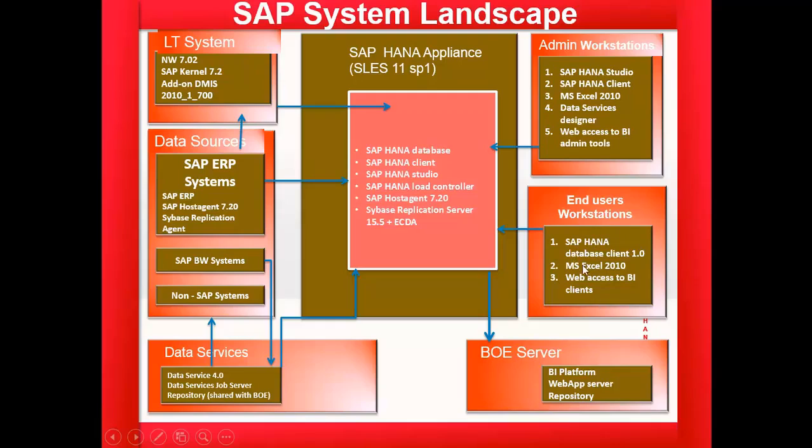These are the end users' workstations on which they need to install the HANA database client, and it could be HANA Studio as well, along with MS Excel 2010. Then web service access to BI client. So this in short is the typical SAP landscape for SAP HANA.